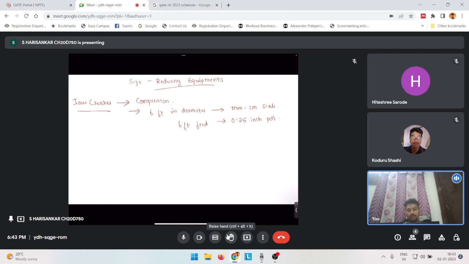So that is the jaw crusher. You have a lot of other crushers as well, like a gyratory crusher, and so on. Then you have crushing rolls and so on. So this is one type of equipment, the crushers. Then you have something called grinders. The major principles in grinders are impact and attrition.